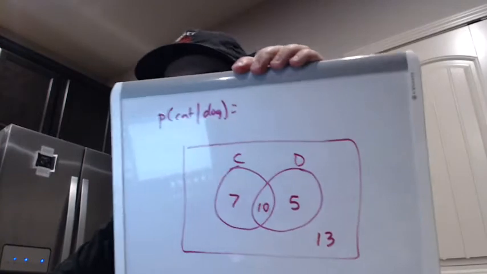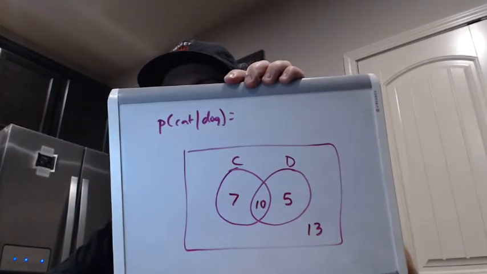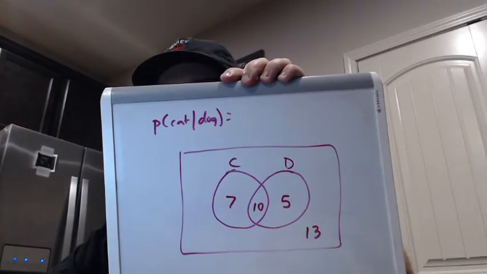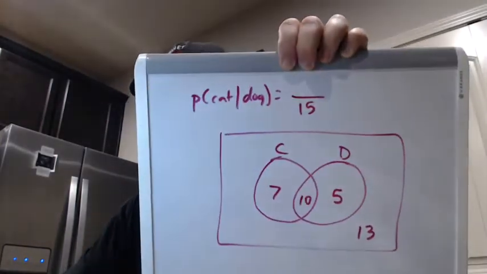Cat given dog means the probability that someone's a cat owner given that they are a dog owner. You notice all these other ones we're doing out of 35, right? If I do this one, well, how many people own dogs? 15, right? So we're only talking about the dog people.